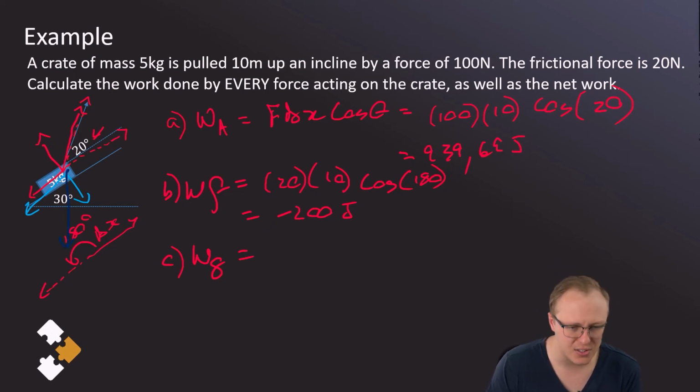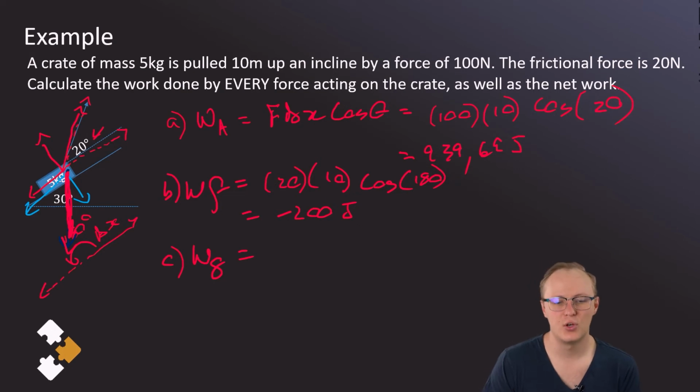So gravity is going straight down, and I can see that that might not be easy to see, so let's go back to this. Okay, so gravity is going straight down, right? So the force of gravity we know is mg. So that's going to be the 5, the mass, times the 9.8. The displacement is still going to be the 10 meters, right? And now, because of what?